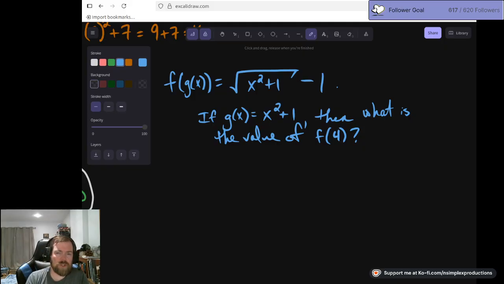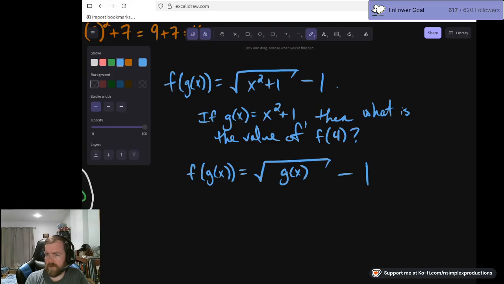So here, if g of x was x squared plus 1, then we can replace that inside of that particular setup.